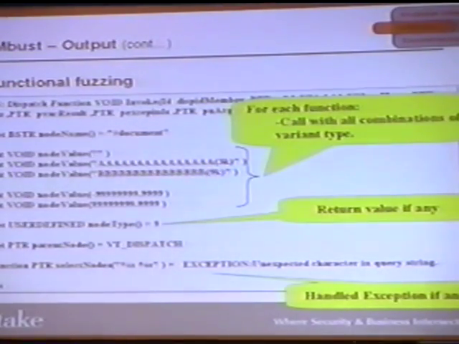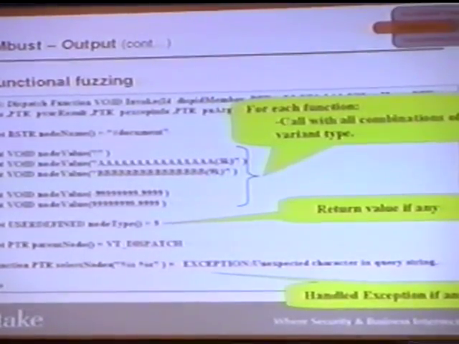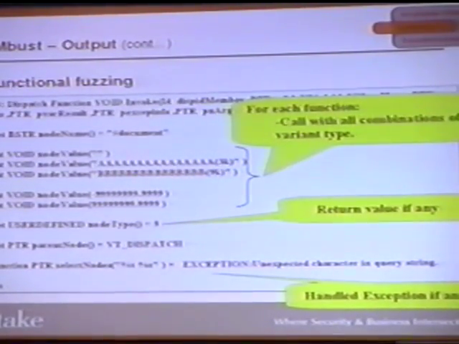There's no need for Combust to fuzz it, so it's going to ignore it because invoke is in the ignore list of the XML file. Get BSTR node name only returns a value, so it displays the value it returns. And then put node name, and obviously there's a string, and it goes in and tries all the string values it can.